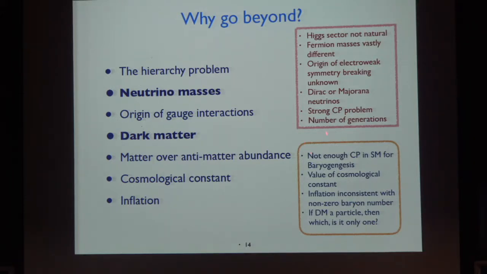So, okay, so let's see the nature of neutrinos, the Dirac-Majorana, the origin of electroweak symmetry breaking, the strong CP problem, the number of generations, and then more through cosmology, not enough CP violation in the standard model for baryogenesis, the value of the cosmological constant, inflation inconsistent with non-zero baryon number, and if dark matter were a particle, then which one?